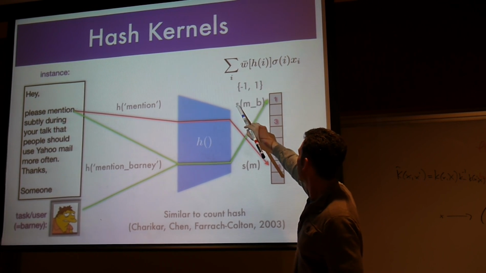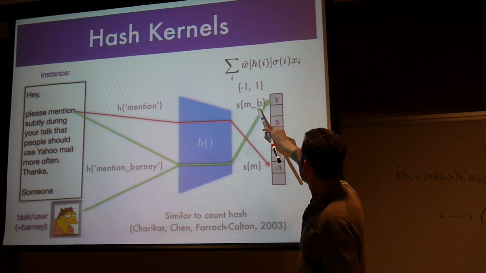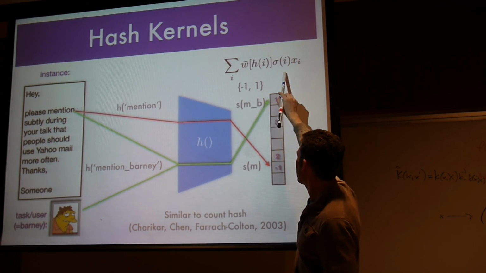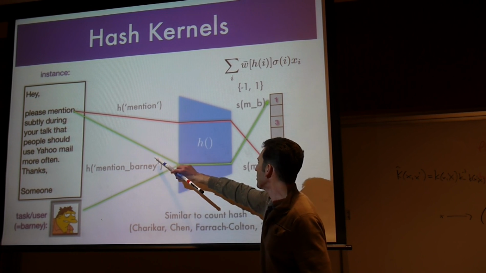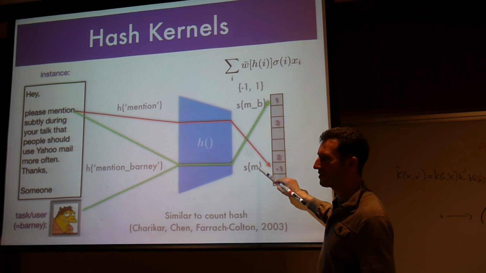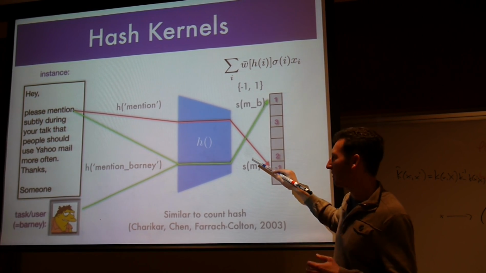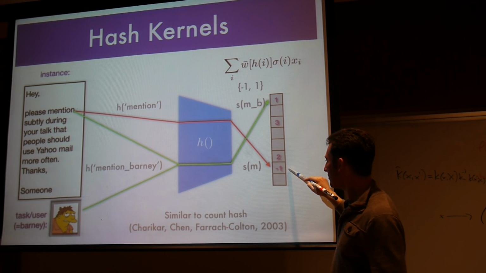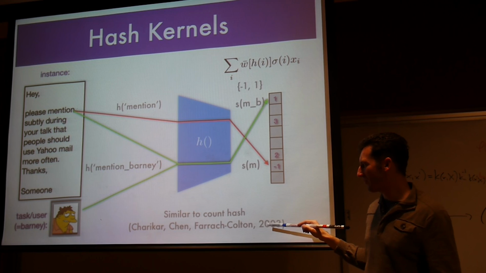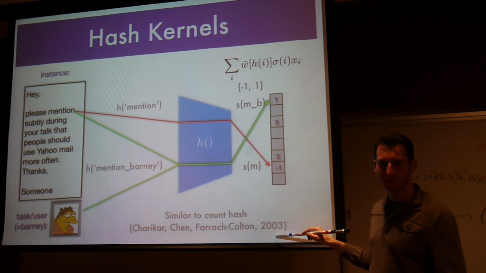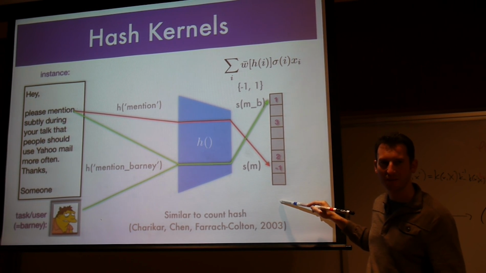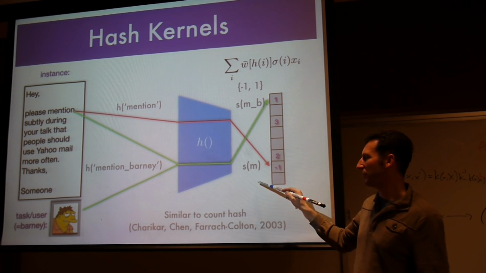The other twist that we do is we multiply it by some random hash, sigma. So mention Barney is hashed, and also gets a sigma. This is like a plus or minus 1 valued hash function. So if you recall the count sketch of Charikar, Chen, and Farach-Colton when we did data streams, that's exactly the same data structure, except that we only use one hash.